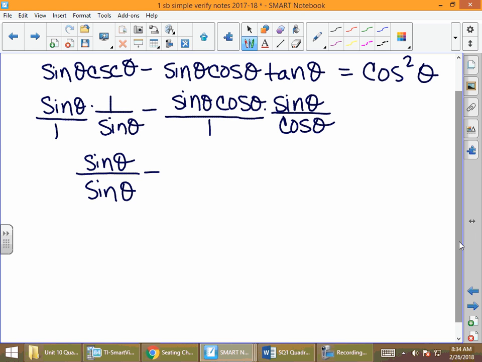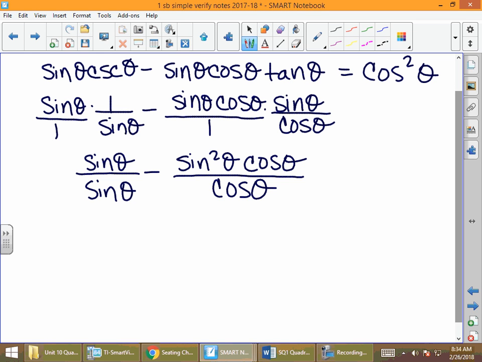And over here, we get sine times sine is sine squared theta. But we also have that cosine thing. So I just multiplied sine times cosine times sine. Sine squared times cosine. Down here in the bottom, 1 times cosine is cosine.